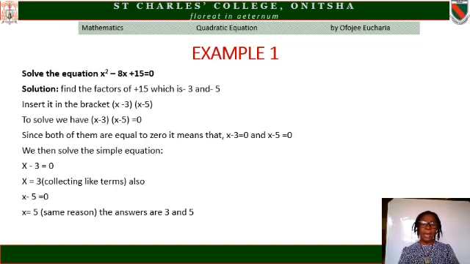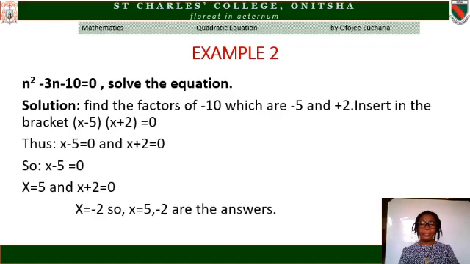Since the product is equal to 0, we break them into simple equations. That gives us x minus 3 equals 0, so x is equal to 3. Also, we have x minus 5 equals 0, and when we solve it, x is equal to 5. And that gives the answer as 3 and 5.